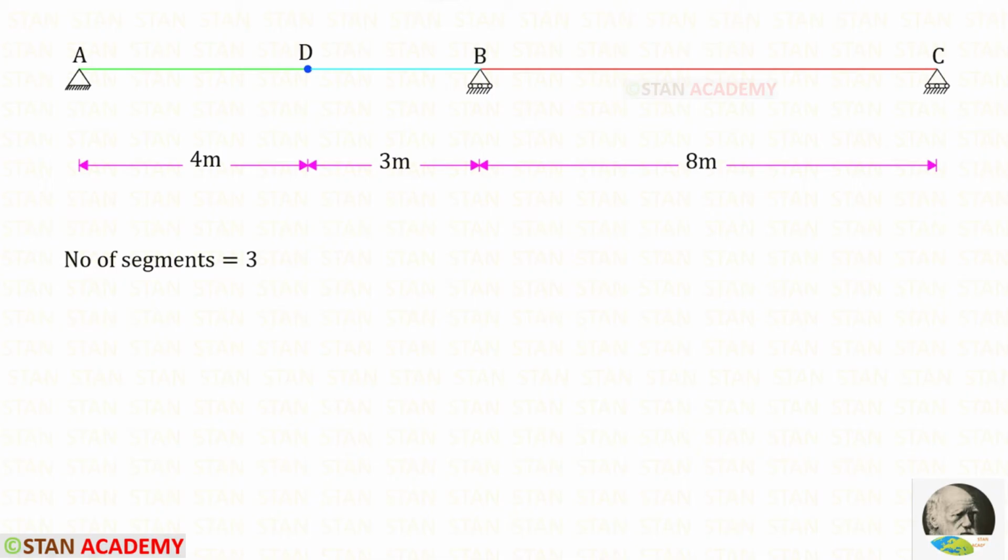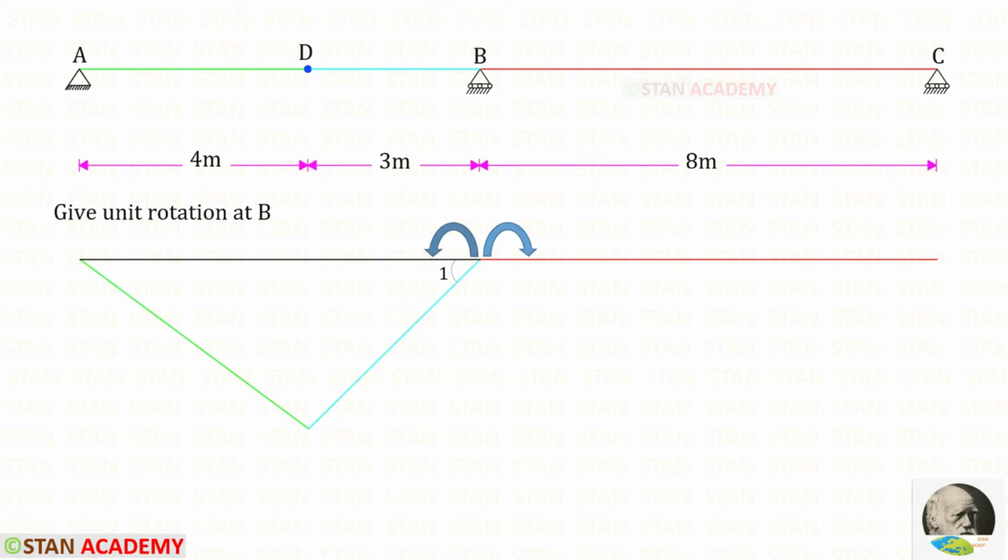Now there are three segments AD, DB and BC. To draw the ILD in the point B, we have to rotate on both the sides of B. On the right of B, the rotation is not possible because here the displacement is 0 and in the point C also the displacement is 0. So BC will remain horizontal.